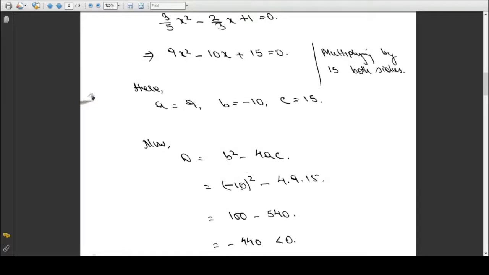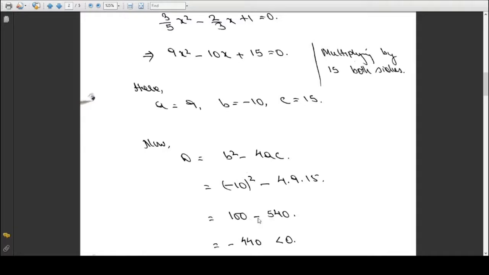Minus squared is plus, 10 squared is 100, 4 nines are 36, multiplied by 15 is 540. On subtracting we are getting minus 440. Plus minus is minus, you have to subtract. 540 minus 100 is 440.